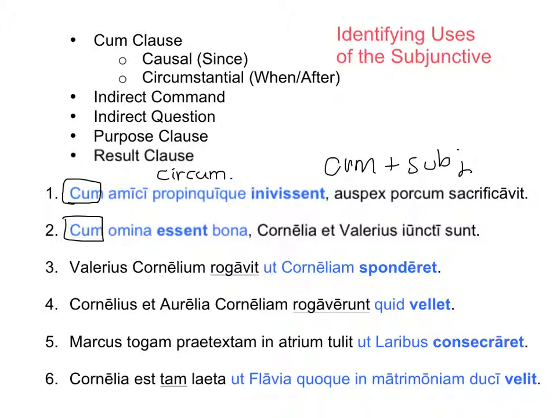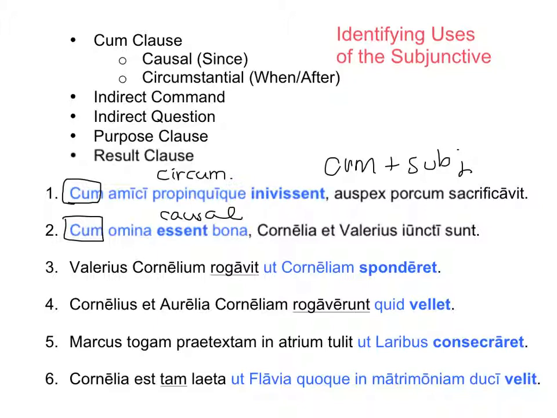But then when we look at the second one, when or since the omens were good, Cornelia and Valerius Juncti sunt, were joined together. So what do you think? Probably since, because the omens were good, they were able to get married, to be joined together. So those are what we're looking for, cum plus the subjunctive.